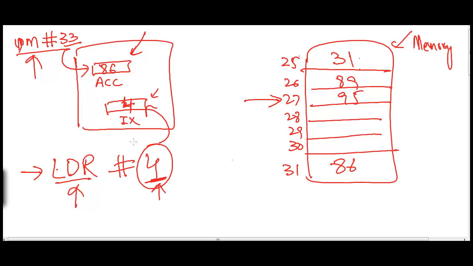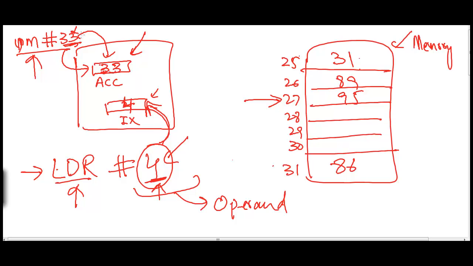In immediate addressing, the value provided in the operand is directly loaded: in this case 4 is directly loaded into the index register, and in the other case 33 is directly loaded into the accumulator, so the old value is overwritten with 33. So these are immediate values. These are not addresses, rather these are immediate values.